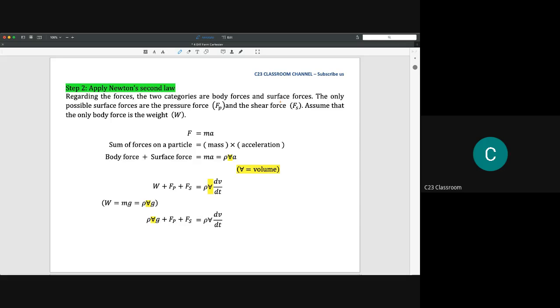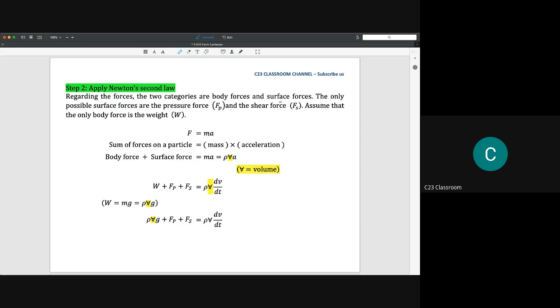When you have shear stress, the idea of the no-slip condition will occur, which means the shear stress will stick on the surface. And shear stress times area will create another force.